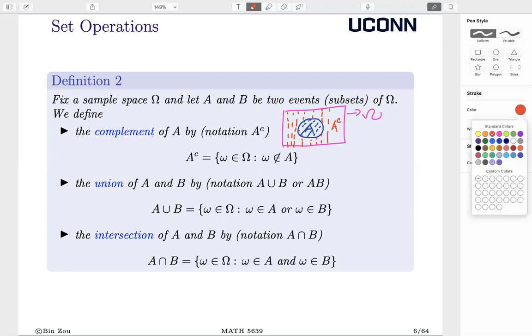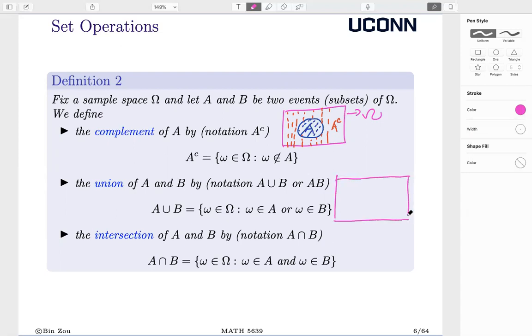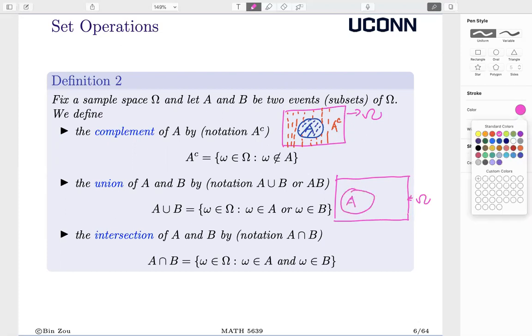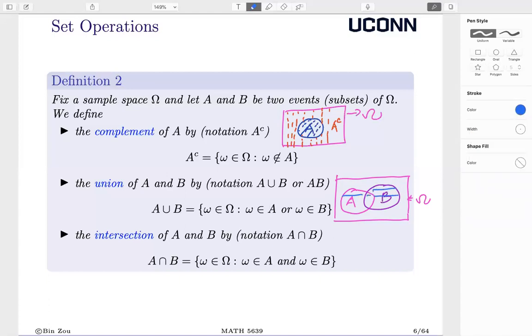Union, so let's draw union. Again, a rectangle denotes the full sample space, and I have one set A here and another set B. A union B is nothing but everything. In some sense, A union B is somehow close to our idea of addition.